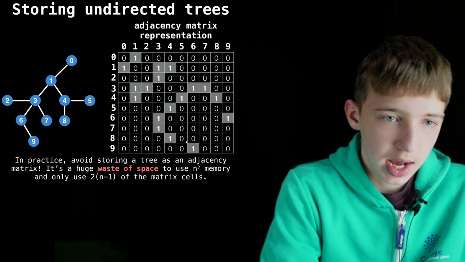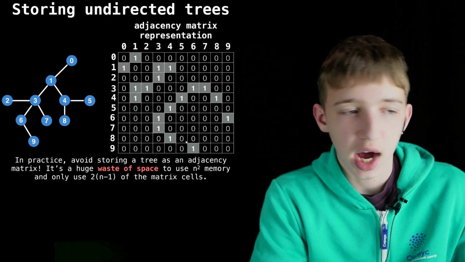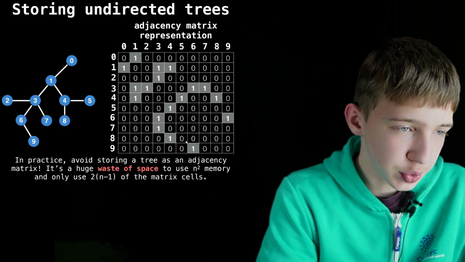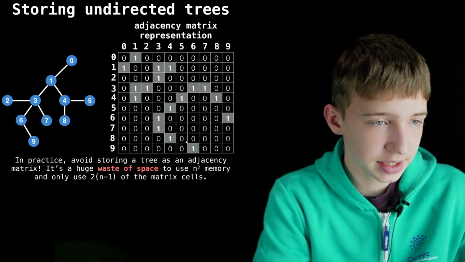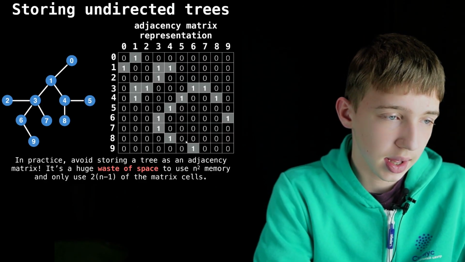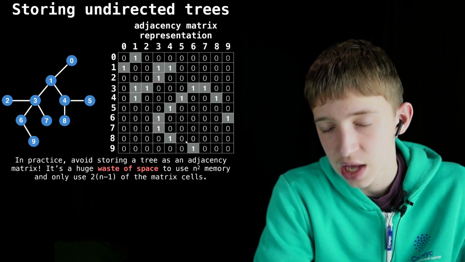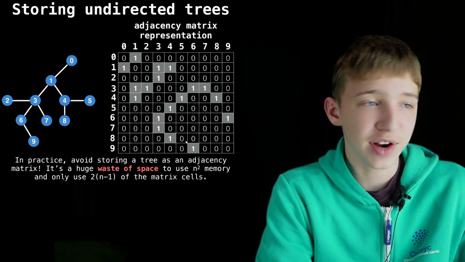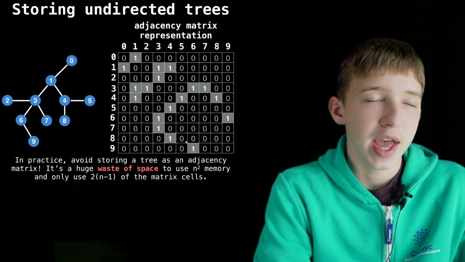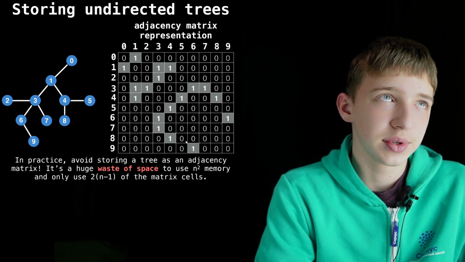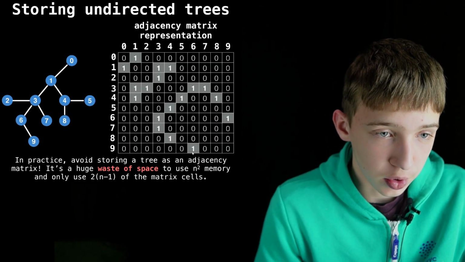In practice, I would say to never use this, to avoid storing a tree as an adjacency matrix, because we use n squared time complexity, n squared memory, and we use only roughly 2n of the matrix cells. So this does not make sense. There are n squared minus 2n cells empty, and that is nonsense, of course.